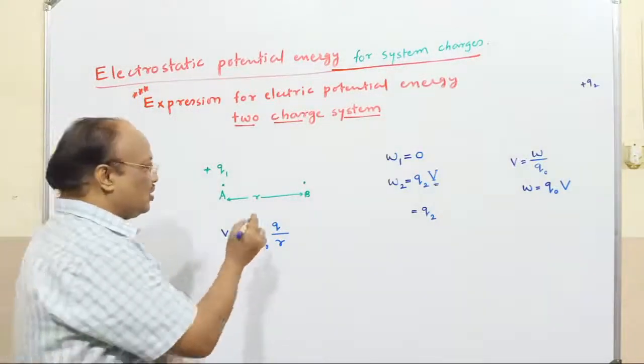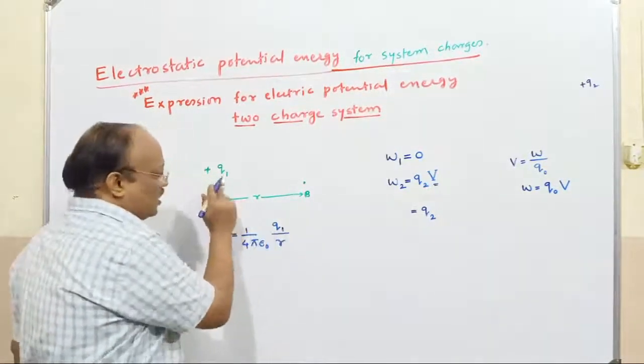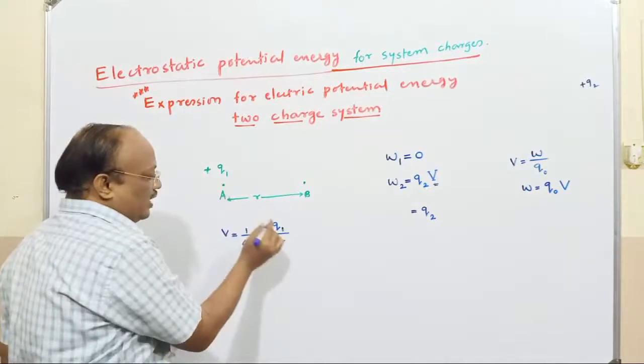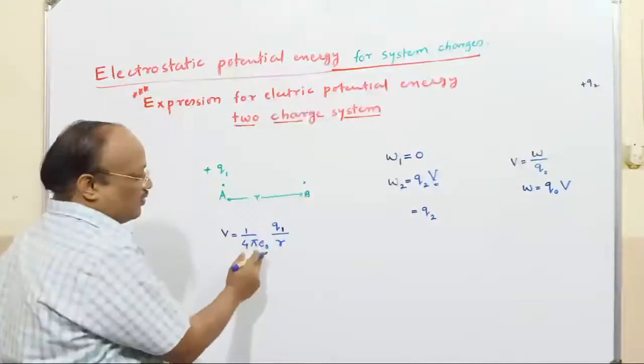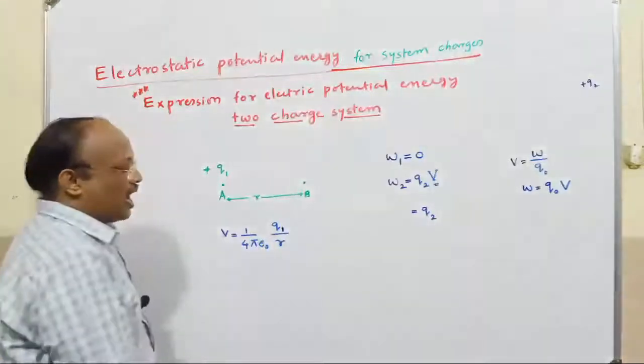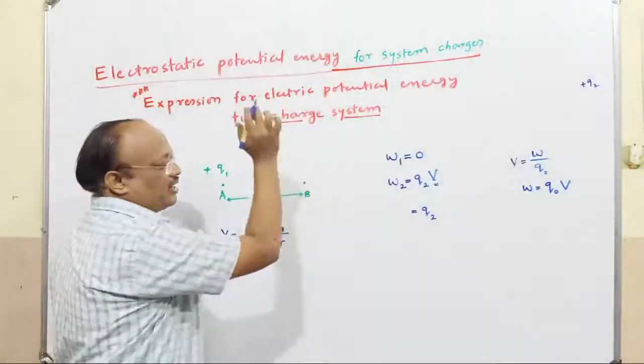Okay, so this is charge Q1, and the separation is R1. 1 by 4 pi epsilon naught Q1 by R is the potential at this point.